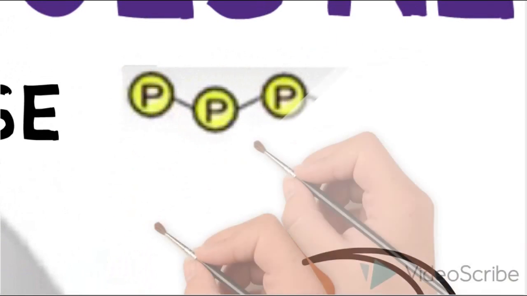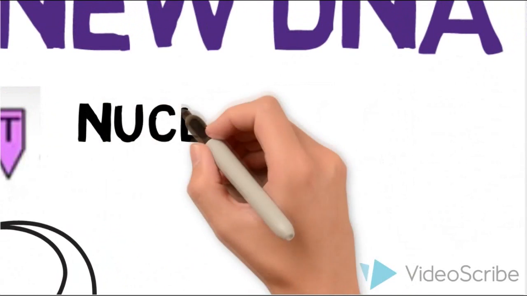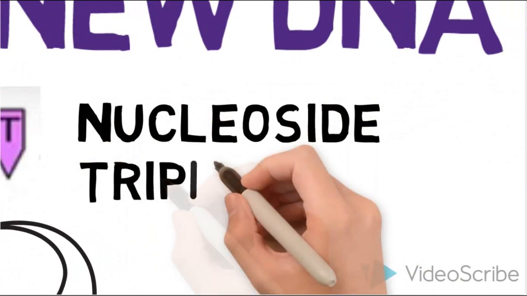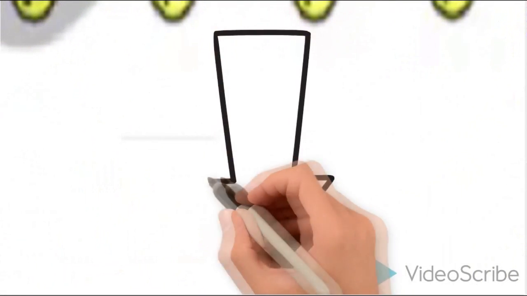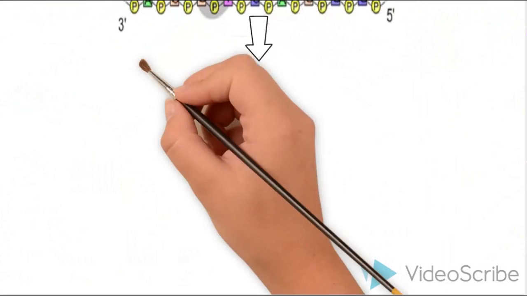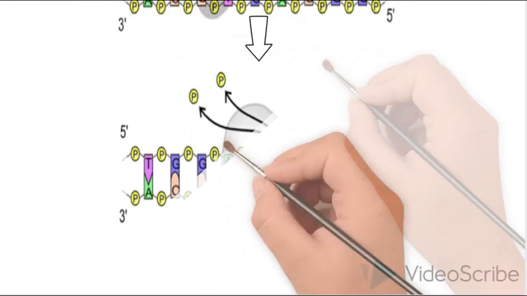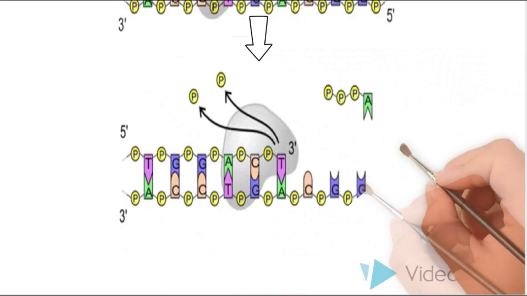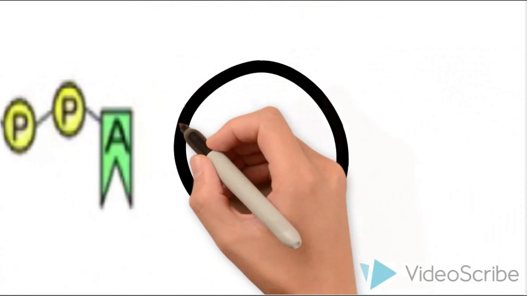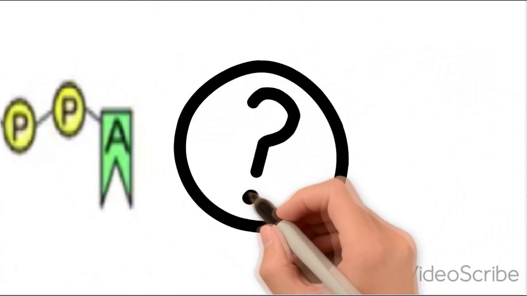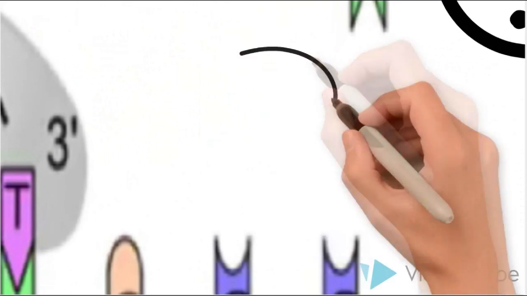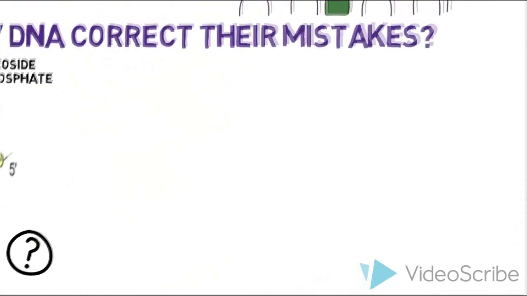For instance, it's thymine. Thymine binds complementarily with adenine, as we taught before. The next nucleotide in replication is adenine, but adenine can't bind with cytosine. So the question we need to answer is: what will DNA polymerase do?